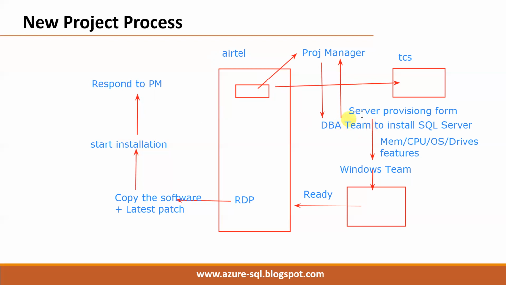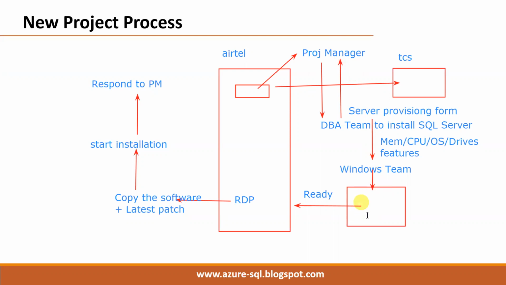Once we get the project questionnaire from the project manager, we'll verify it and submit the requirements to the Windows team or planning team. They will create the server. Remember, today 99% are virtual servers, with VMware or something similar.